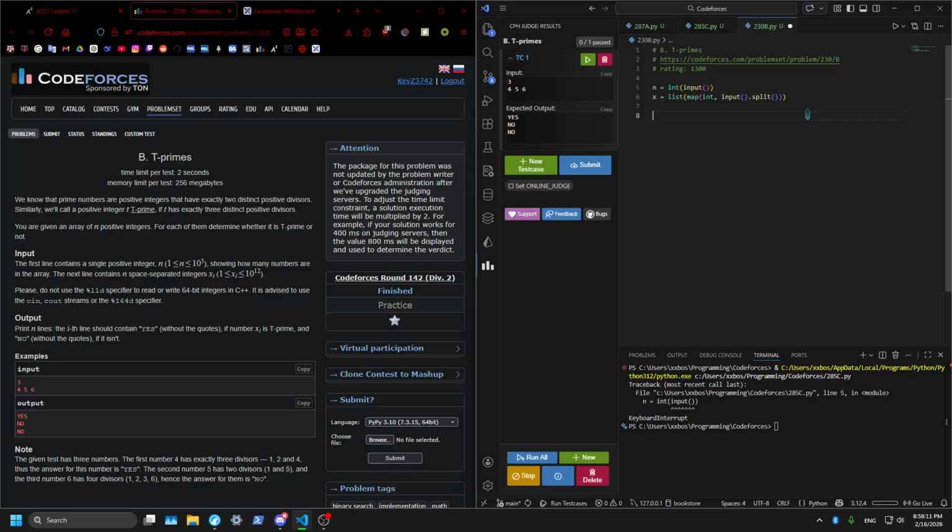If we just count the divisors, that would be too slow, right? Can we use DP? Ten to the 12th.